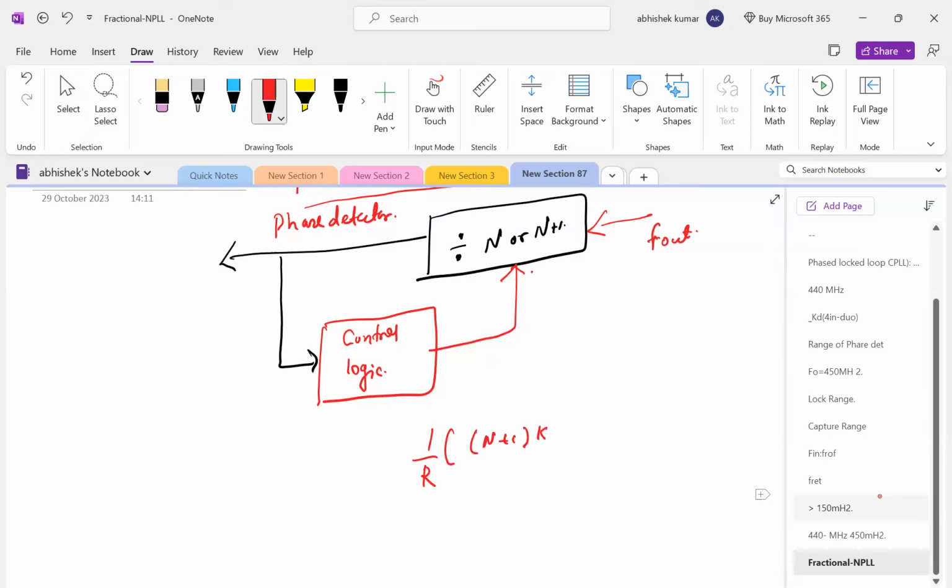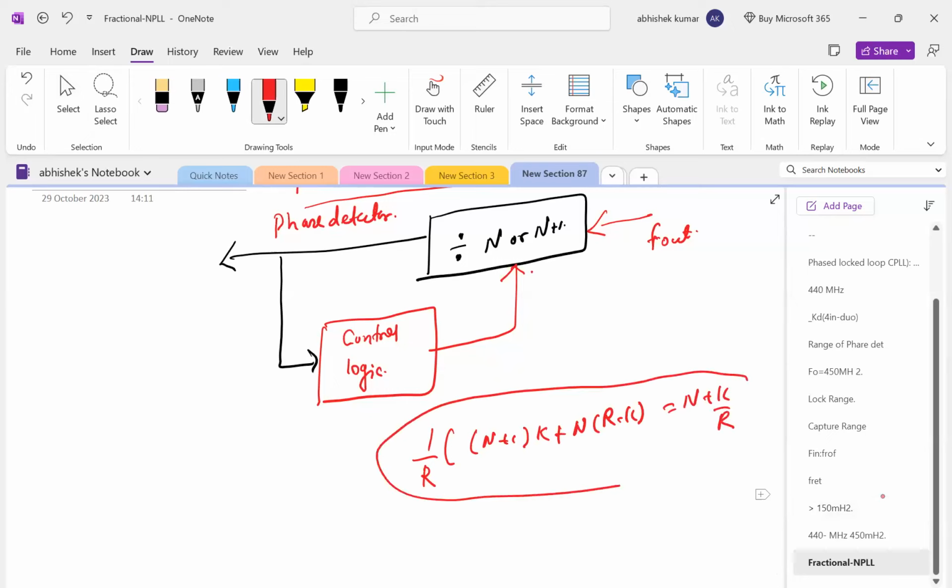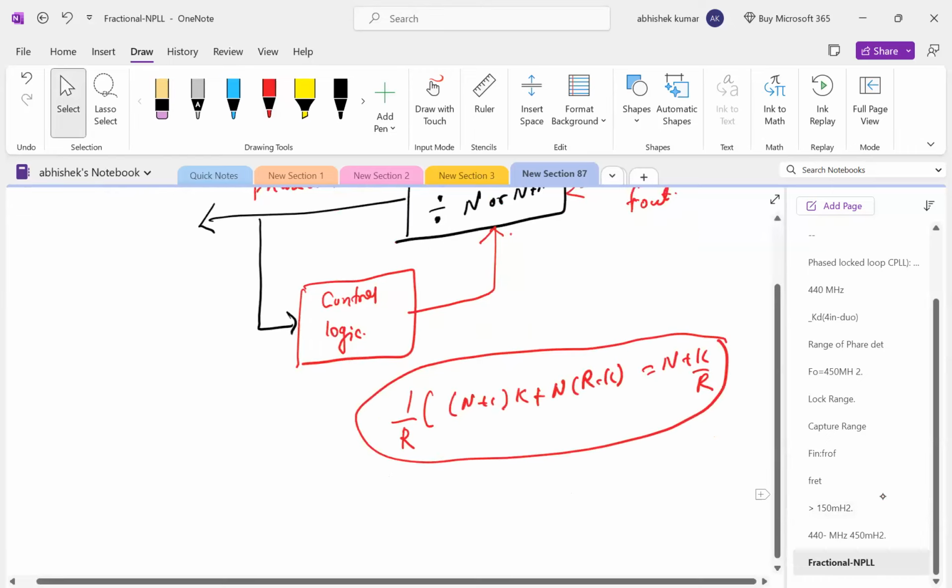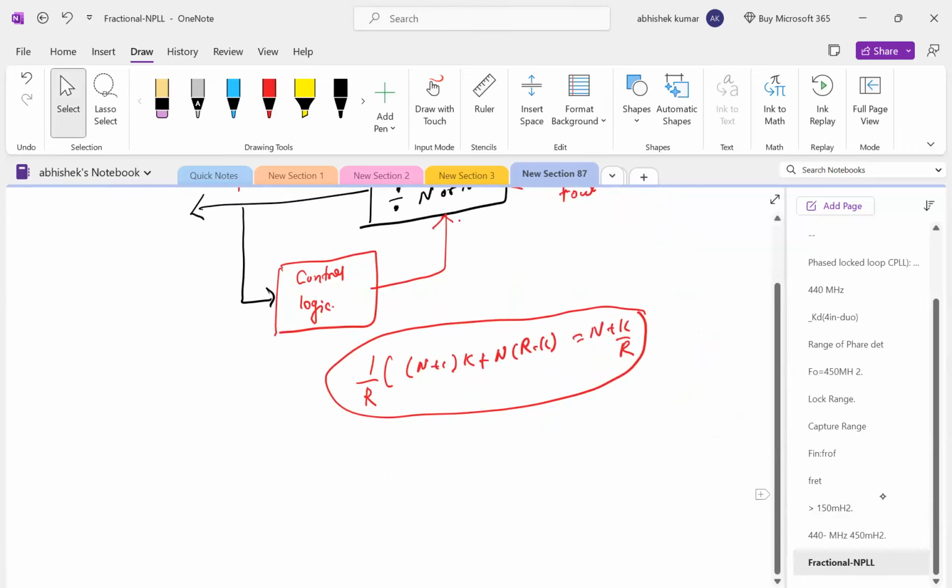The average division ratio is 1 by R times (N plus 1) into K plus N into (R minus K), which equals N plus K by R. Here R is the number of cycles and N is the division factor.